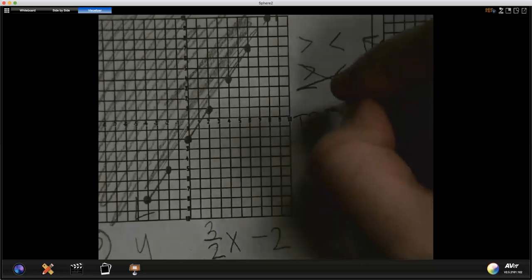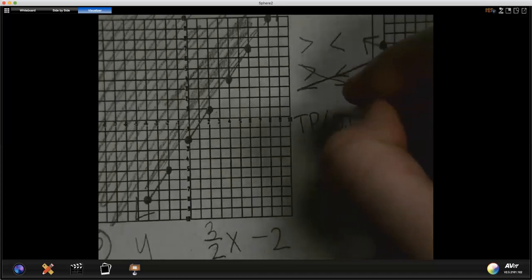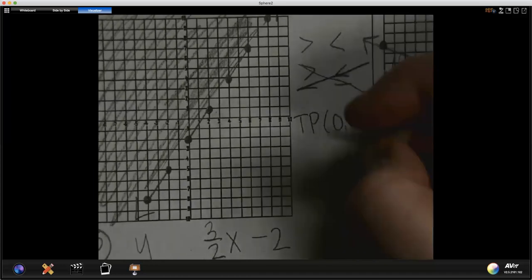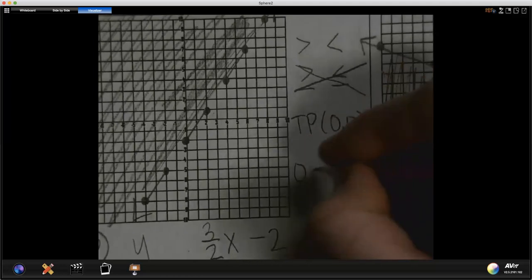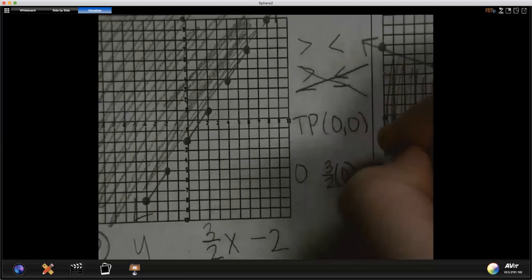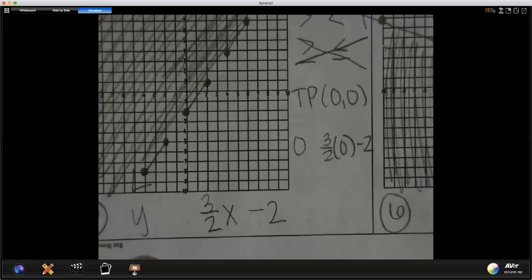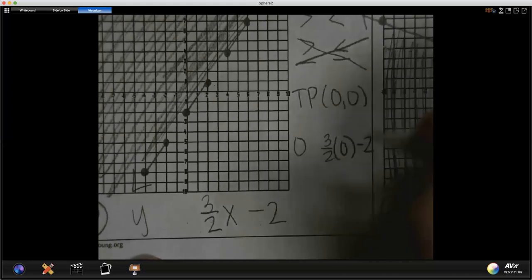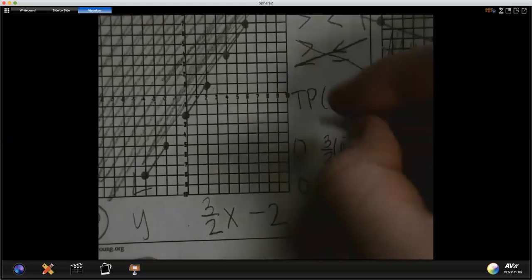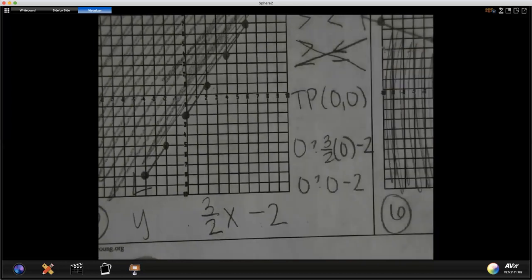Yeah. Now it'll look a little weird because there's no inequality sign yet, but 0 something 3/2 times 0 minus 2. What's 3/2 times 0? 0. Question mark, question mark. What's 0 minus 2?